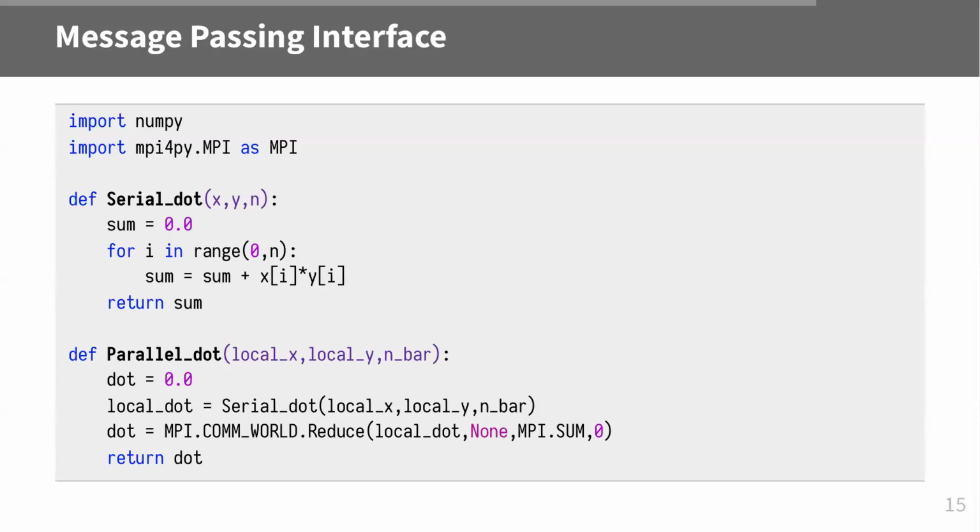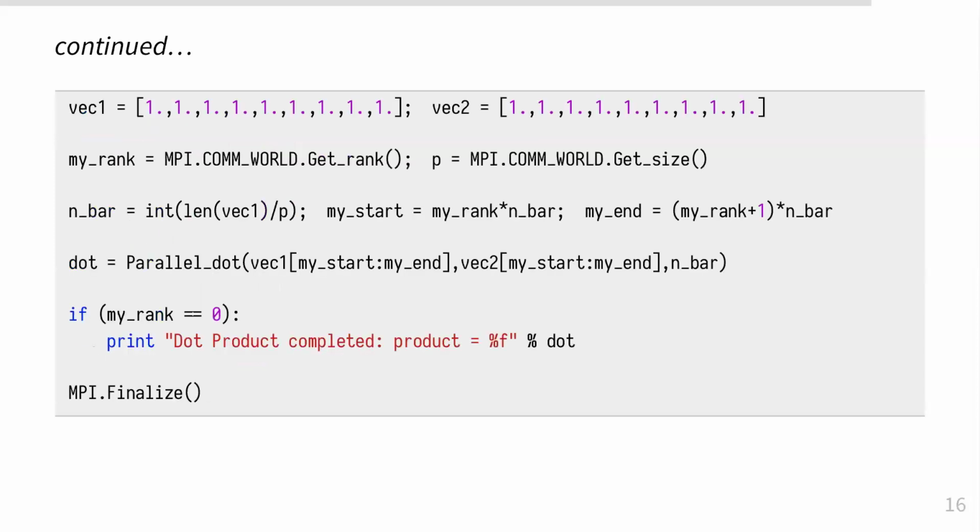That's accomplished with a parallel dot, which is first going to compute the serial. In other words, I do my part of it. And then it's going to say, okay, I have the local sum. Now I'm going to broadcast it by the reduce command to all the other systems so that all of them can be added up together. And that's just how those functions are used.